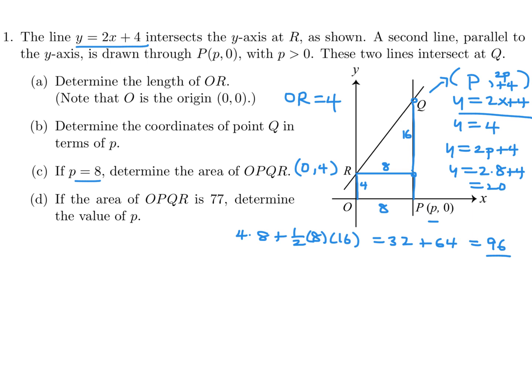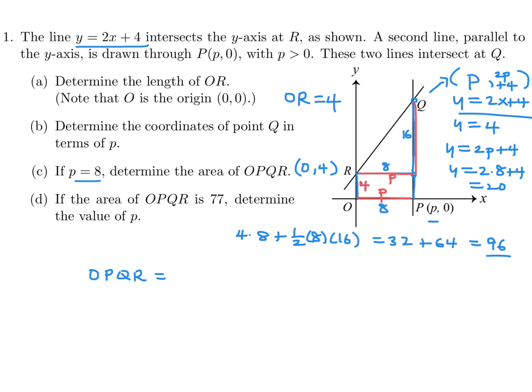Part D. If the area of OPQR is 77, determine the value of p. Very similar, but this time kind of working backwards. Instead of the values that I put in, this is still going to be 4, but this is now going to be p from here to here. And of course, from there to there is also p.